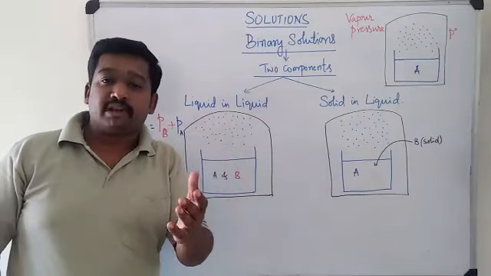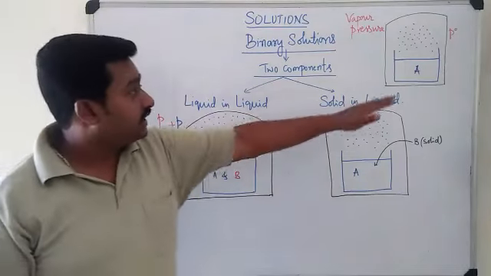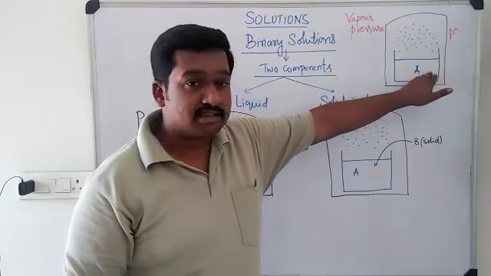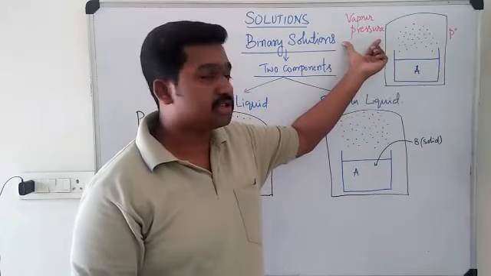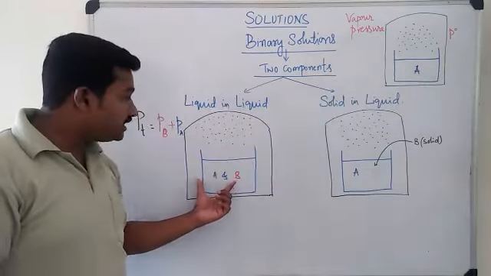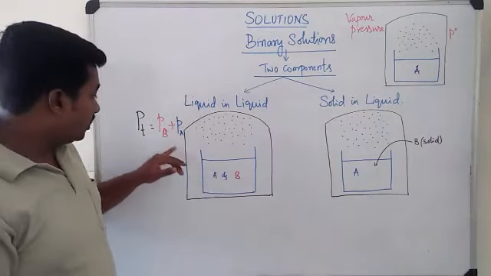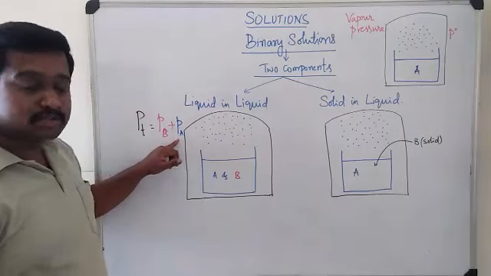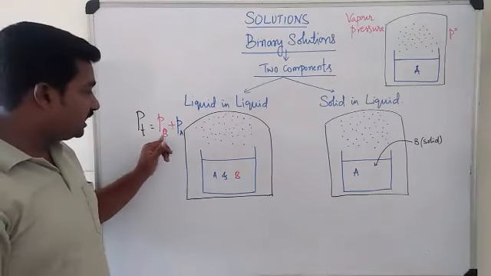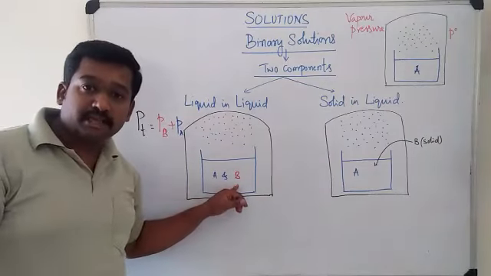Partial pressure we say whenever there is a mixture. If it is a single component like this, a single liquid, we just say vapor pressure. In case of a binary solution, we say partial vapor pressure. So PA is the partial vapor pressure of A, PB is the partial vapor pressure of liquid B.